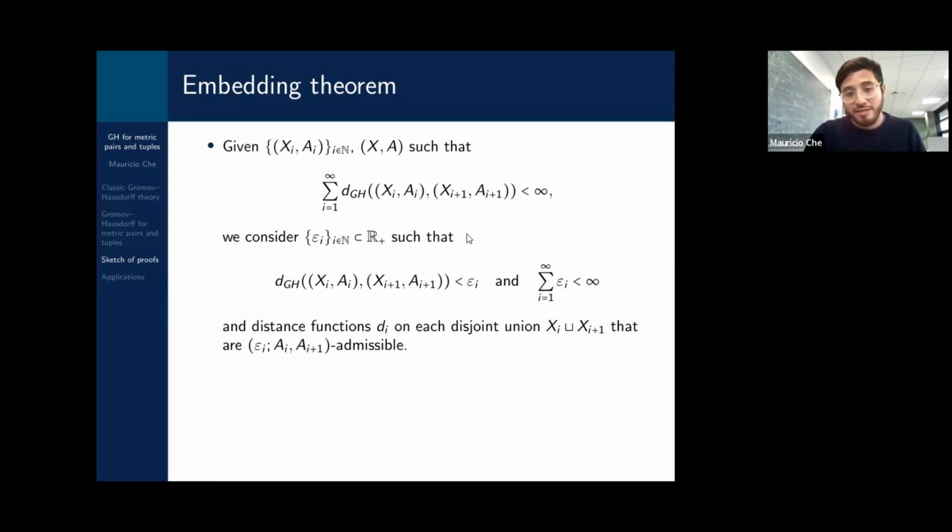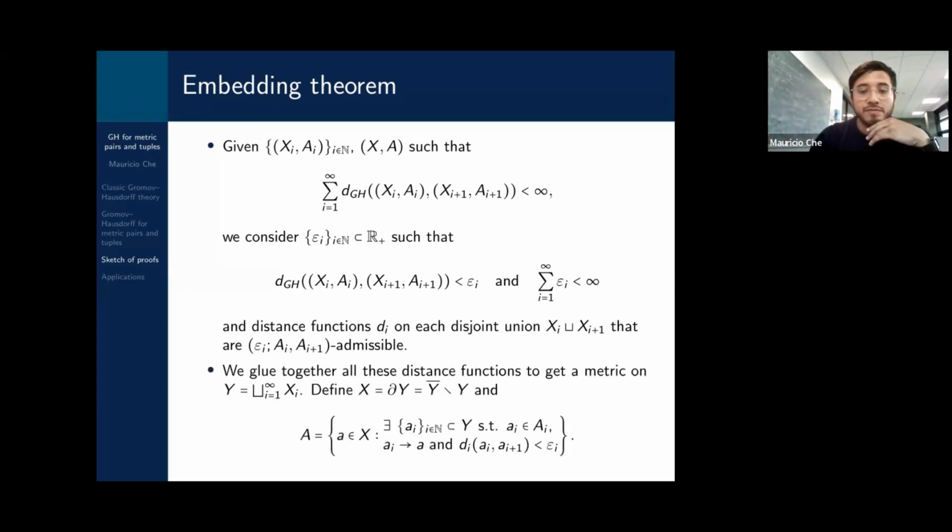We could do this because this series here is finite. So say we could consider this distance here and add some sequence of numbers that make a convergent series. And then we take admissible metrics, or more precisely epsilon_i-A_i-A_{i+1} admissible metrics on the disjoint union of the consecutive sets. So that gives us admissible metrics between each pair of consecutive metric spaces. And then we glue together all those distance functions.